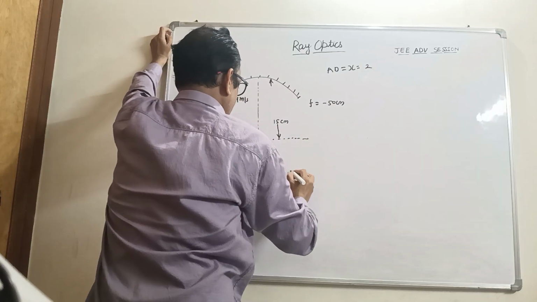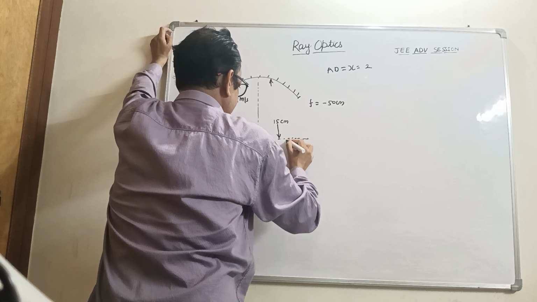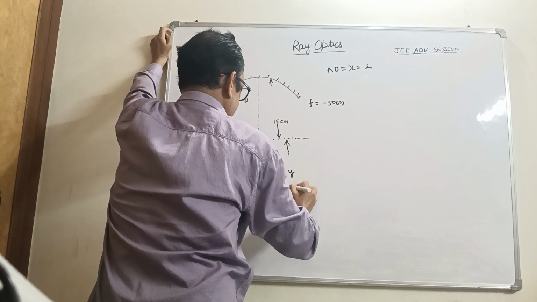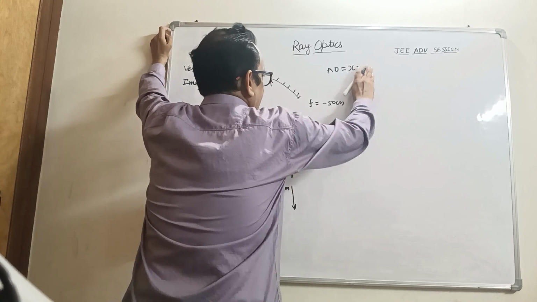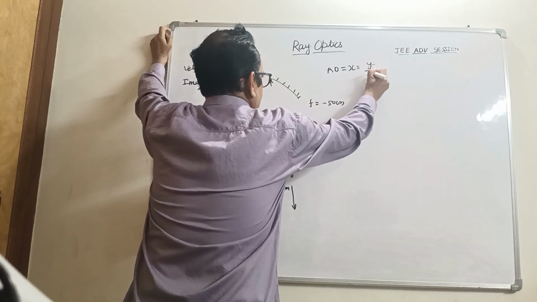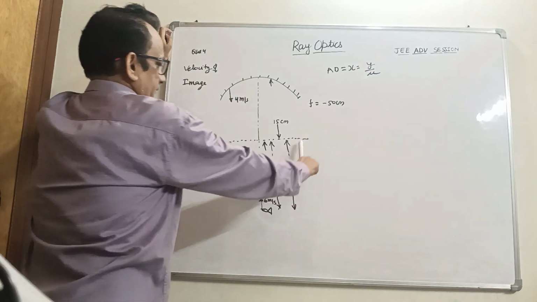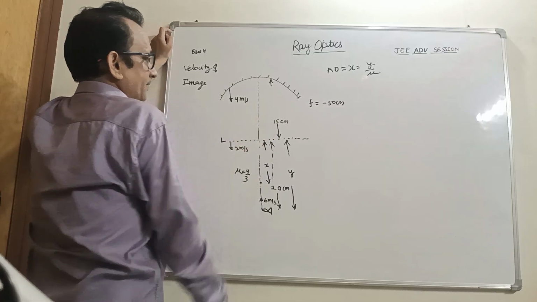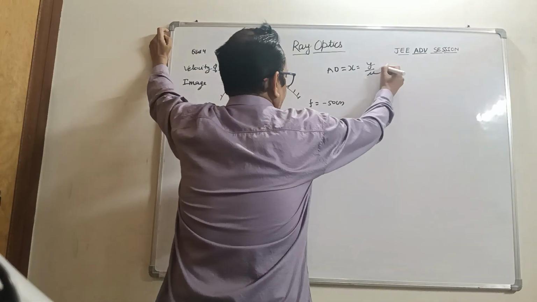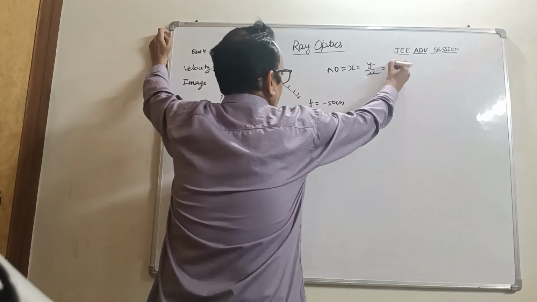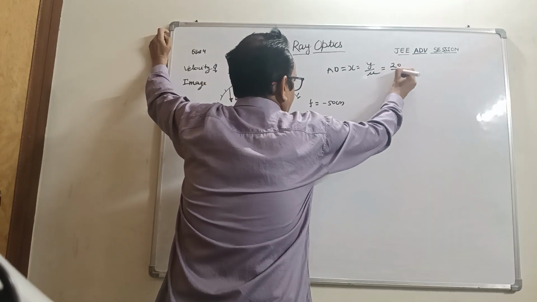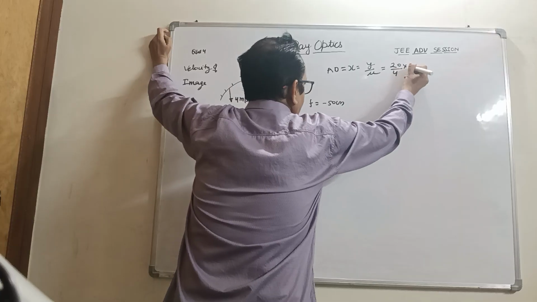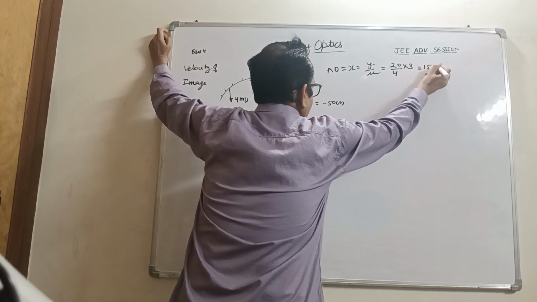So x, the apparent depth, would be y by mu, suppose y is 20. This upon the refractive index. Refractive index is 4/3, y is 20, so this becomes 15 centimeter.